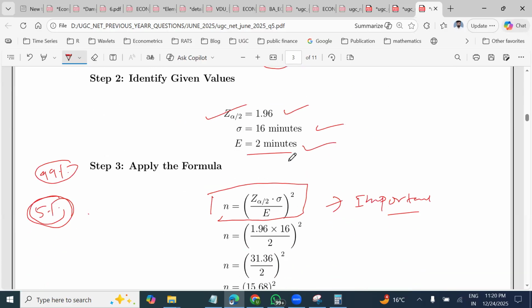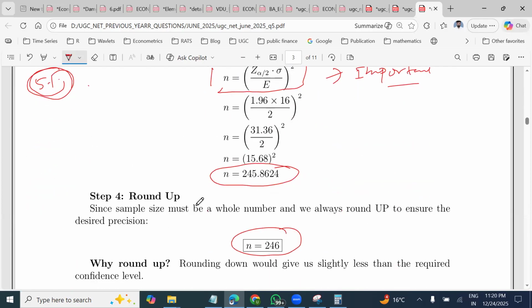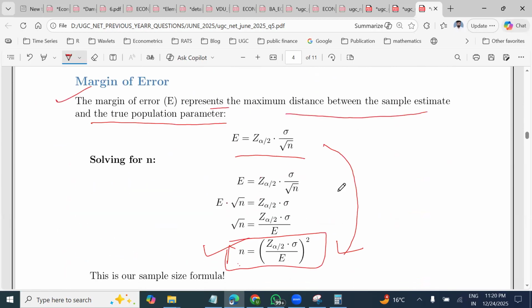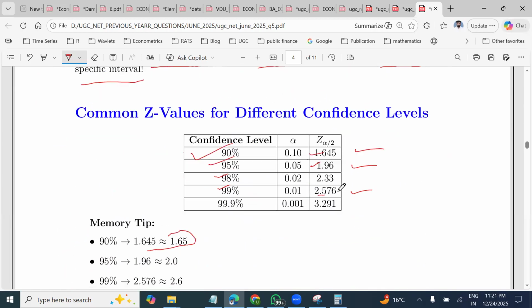Yes, sir. So your strategy is elimination, or here there is no other option left. So now n is equal to 246. So this is how you will understand.